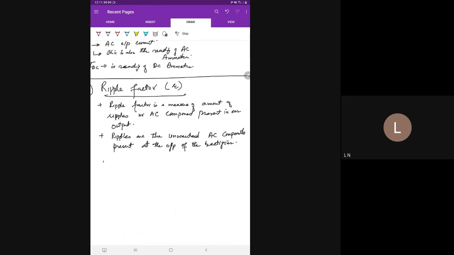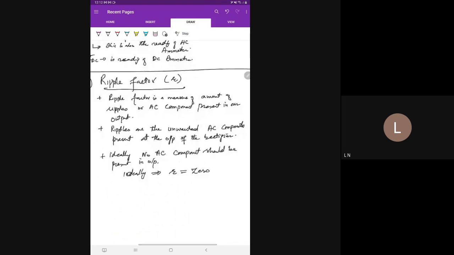As the AC component is unwanted, the ripple factor should be smaller. Since no AC component should be present at the output, ideally the ripple factor should be equal to 0. This is the ideal value.